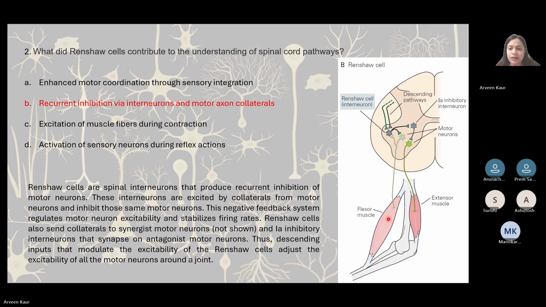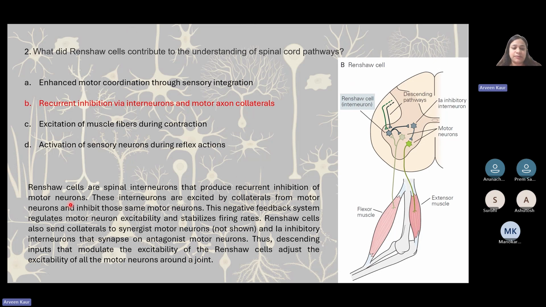So this motor neuron is taking the signal. One collateral, one branch from this will go and signal the negative feedback also. So that is the motor neuron collateral, right? And it will in turn subside the activity of this same motor neuron.